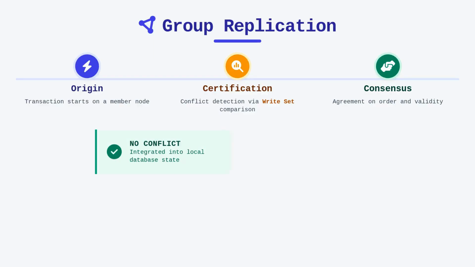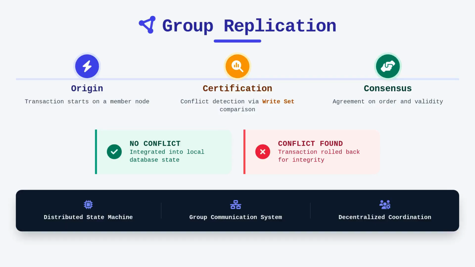If the certification process determines that a transaction can be safely applied without violating consistency, it is integrated into the local database state. However, if a conflict is detected, the transaction must be rolled back on the originating member to preserve data integrity across the entire group. This approach effectively shifts the burden of coordination from a central primary to the group as a whole.